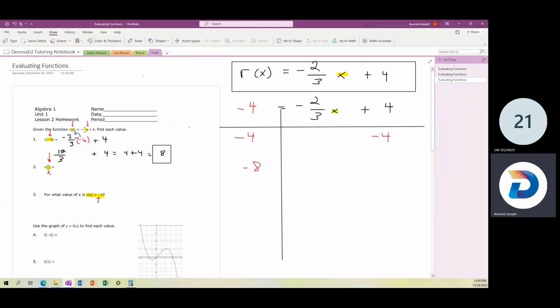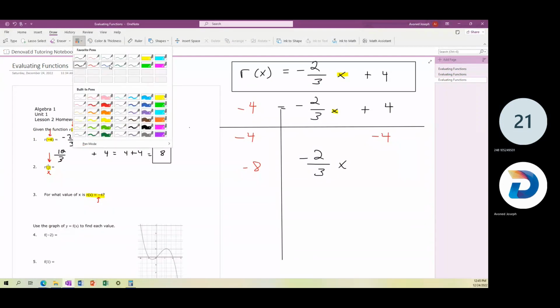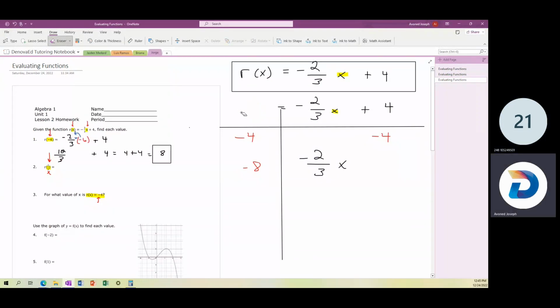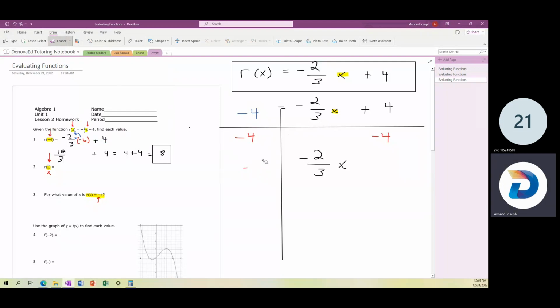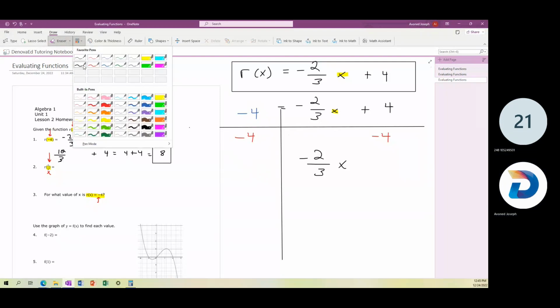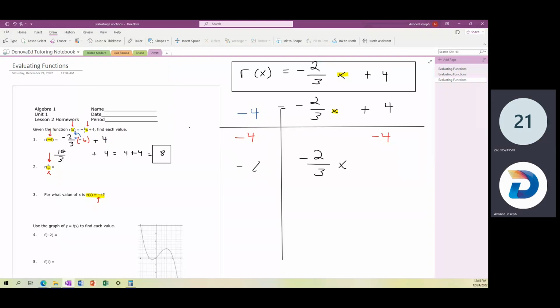Our new equation on the right side of the equal sign is -2/3 x. Do you see that? Let me change this color so it doesn't look confusing. This is -8. So now we have -8 is equal to -2/3x.